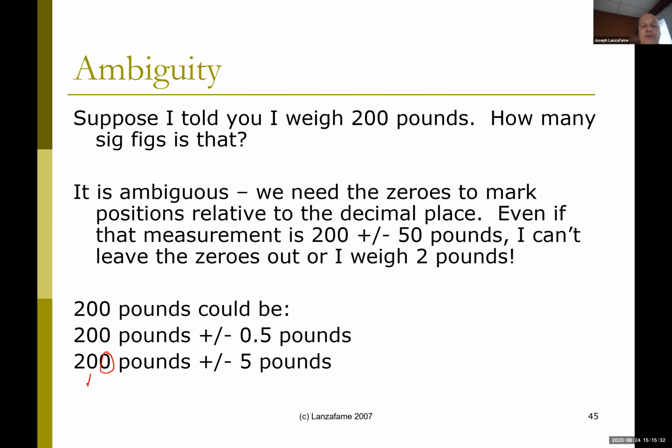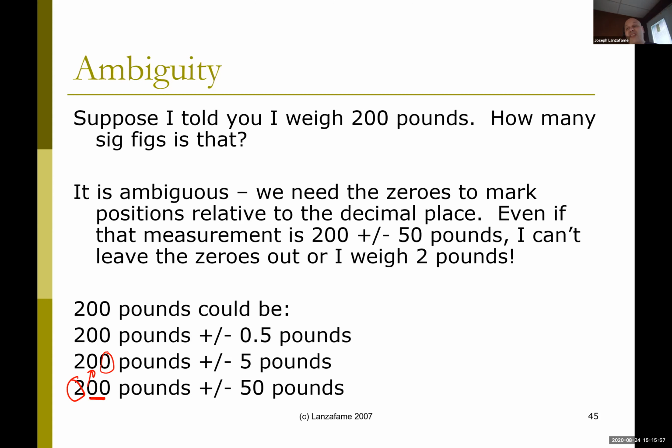I measured to the nearest 10 pounds, which is plus or minus 5 pounds. Now I only have 2 significant figures. And if I did a really coarse measurement, and I only measured myself to the nearest 100 pounds, that's plus or minus 50 pounds, I really only have 1 sig fig, because I didn't measure either one of those zeros.